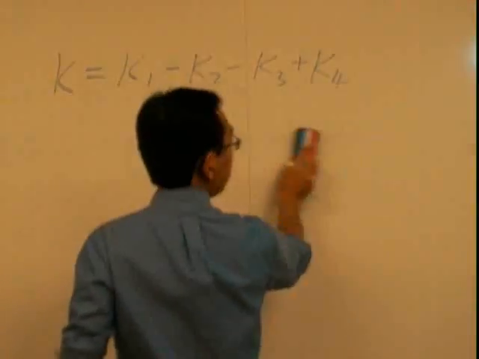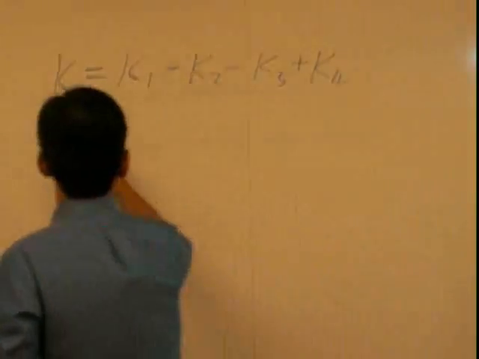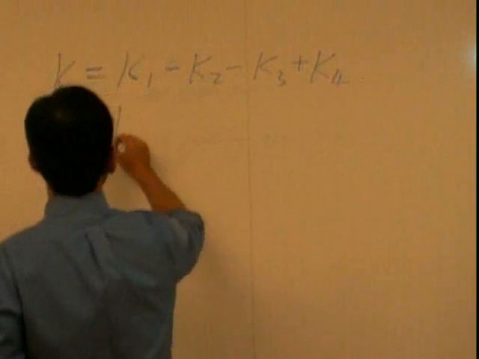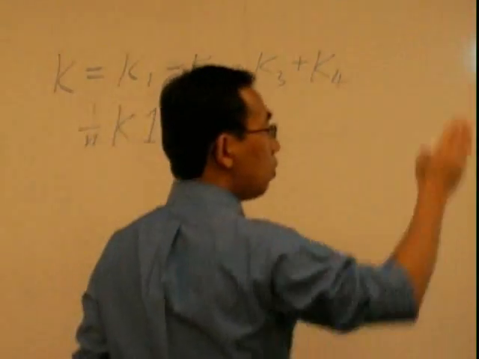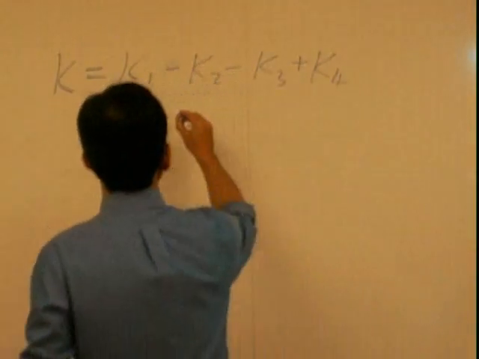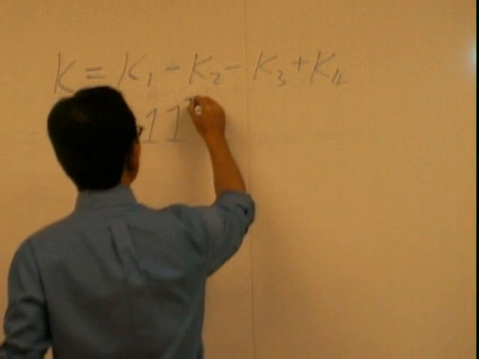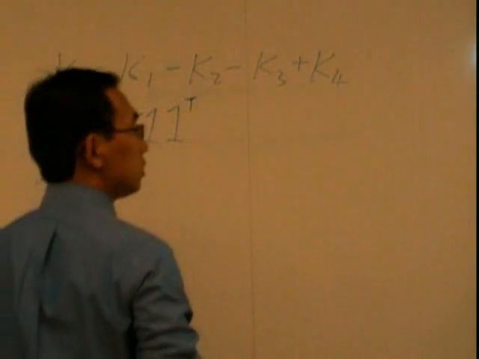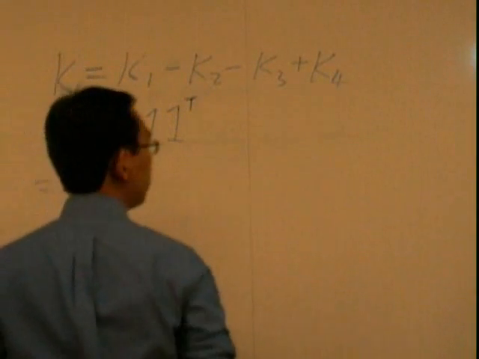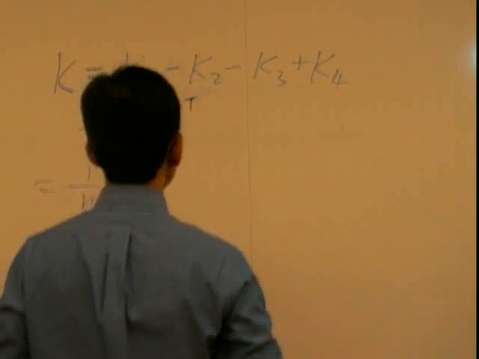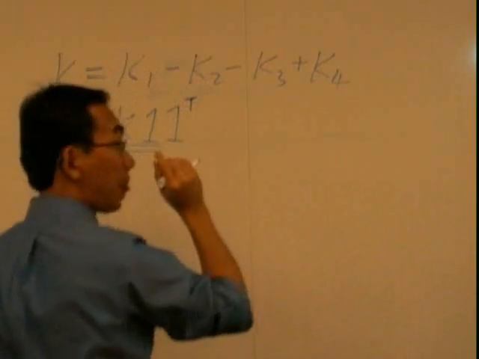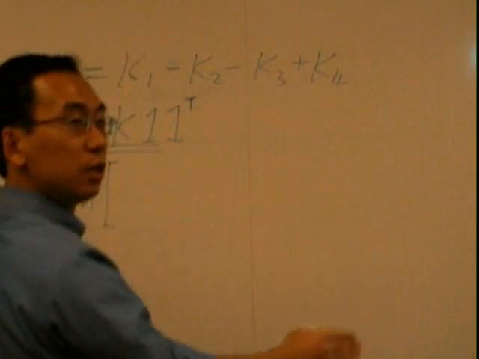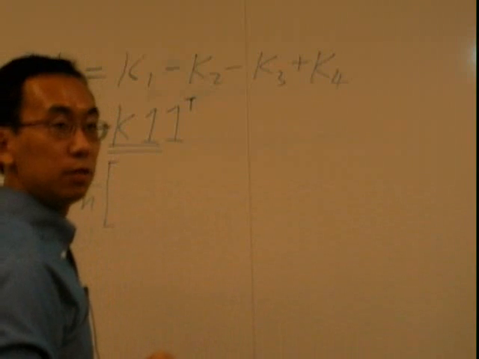Now let's see. What is 1 over n times K? This is a 1 vector times a 1 vector transpose, so equal to 1 over n. This is just a constant, but let's carry it throughout the derivation. What's this term? This term is K times a 1 vector. It gives you a vector, right?